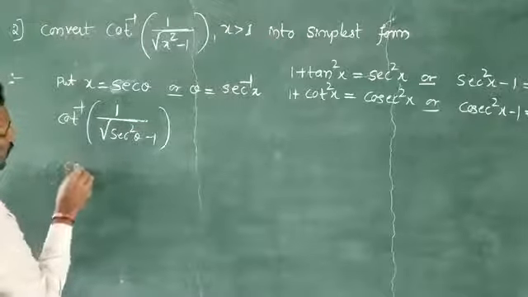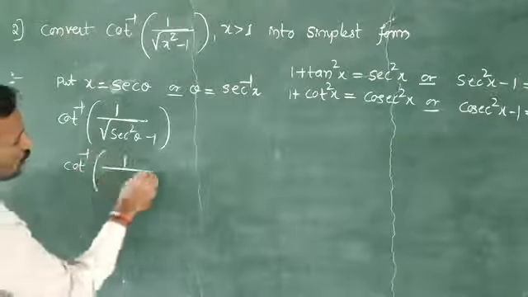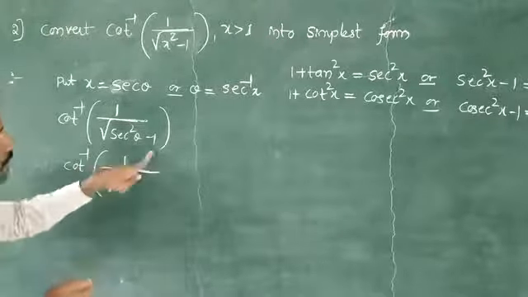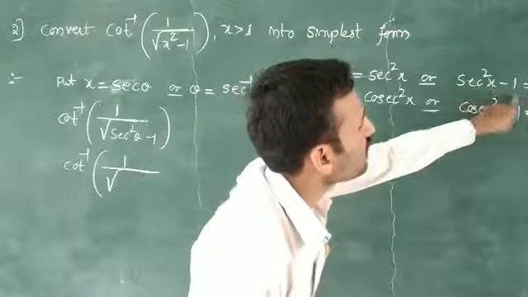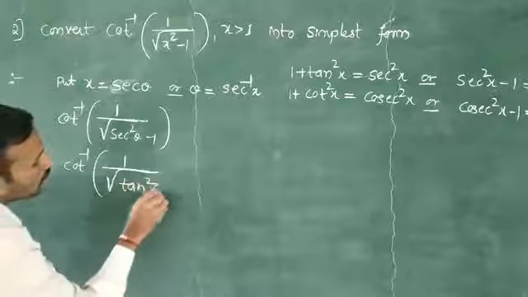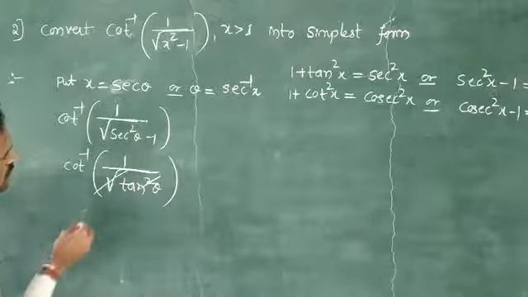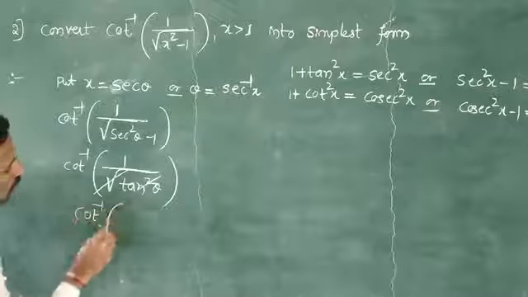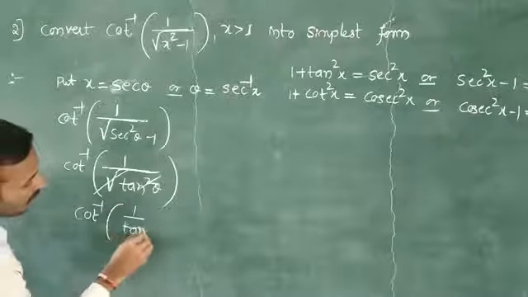Then this is simplified as cot inverse of 1 by root of sec square theta minus 1, and sec square theta minus 1 is tan square theta. That's why this is root of tan square theta, square root cancelled out. That is cot inverse of 1 by tan theta.